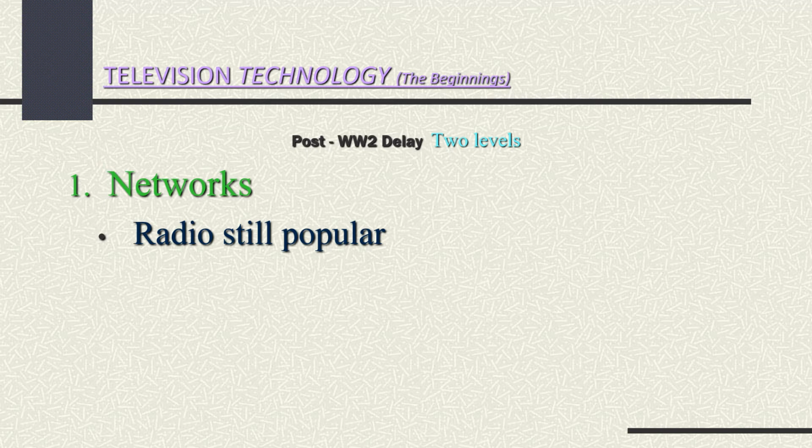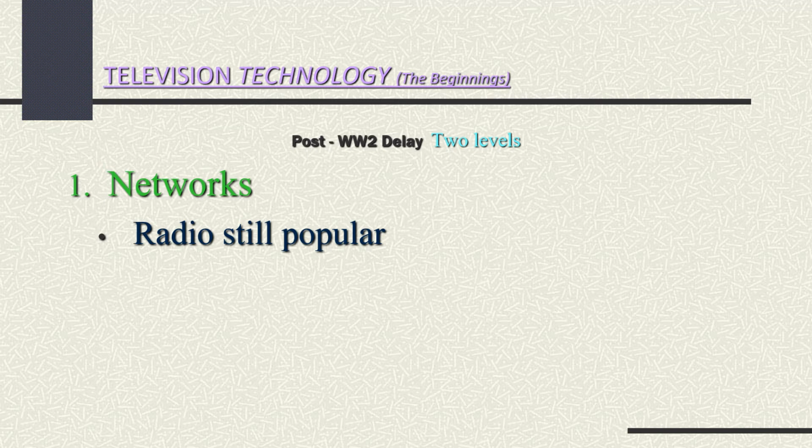Radio was still making money for networks and radio stations around the country. It was something that people had become used to. They used it for their entertainment, but they also used it for news and information related to the war over those 4 or 5 years in the 1940s.